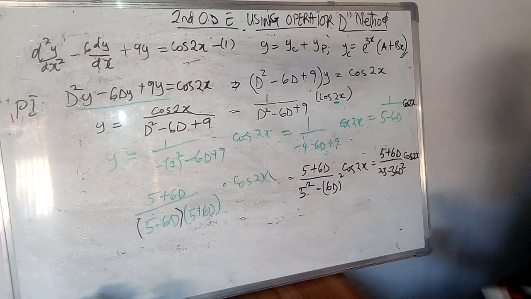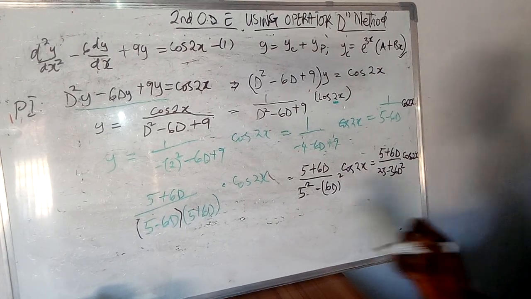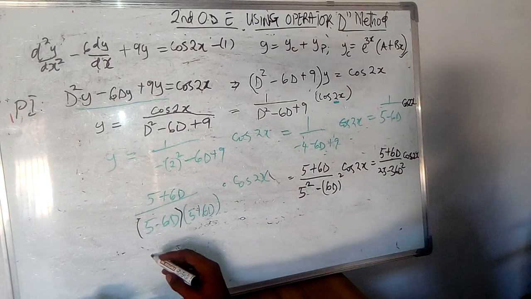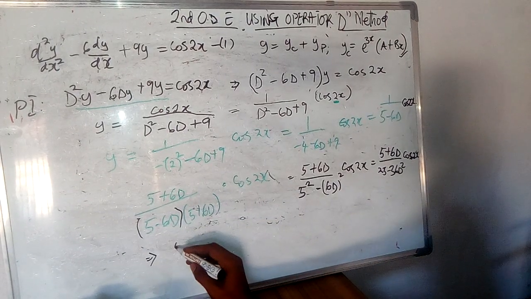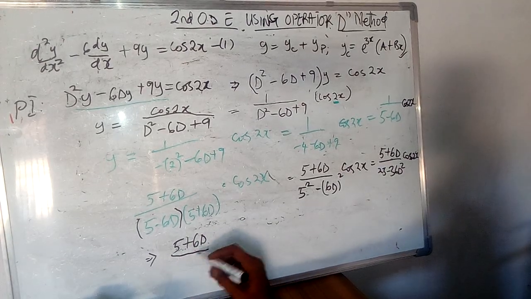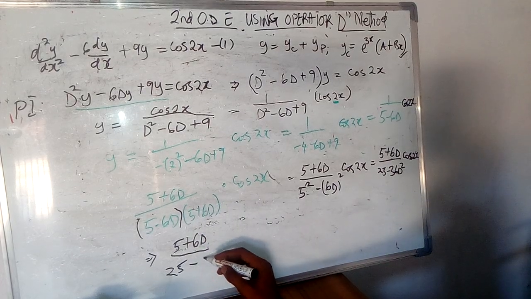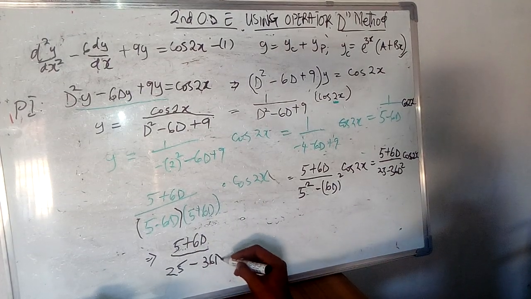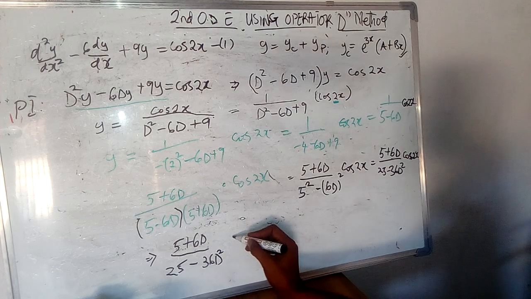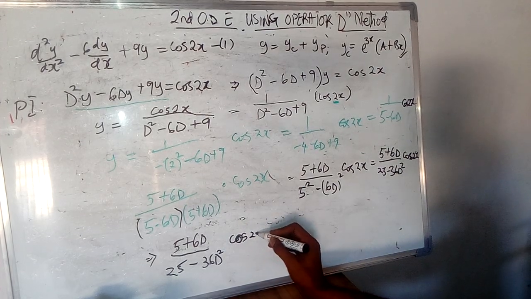So let me write this out here again. This implies that we have gotten 5 plus 6D divided by 25 minus 36D squared to operate on cos 2x.